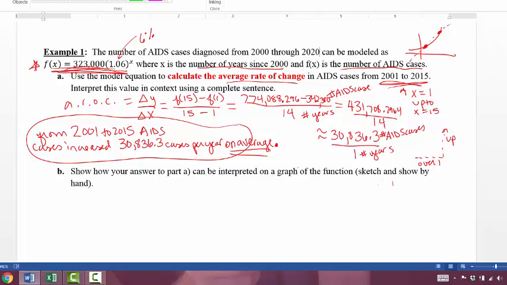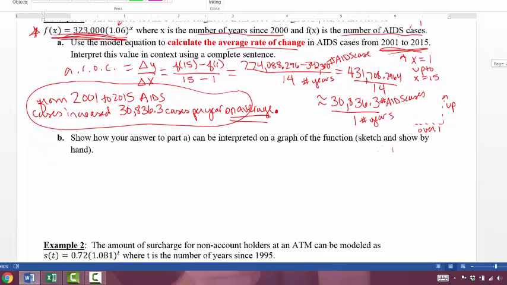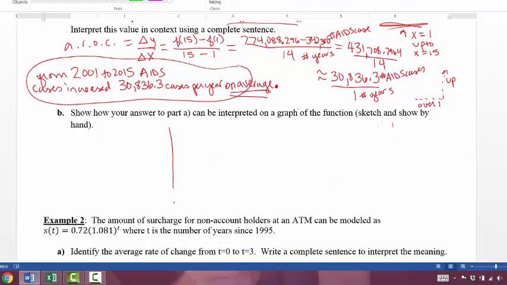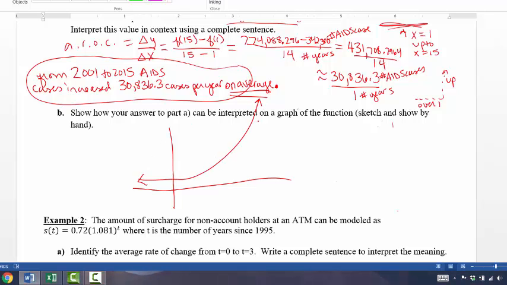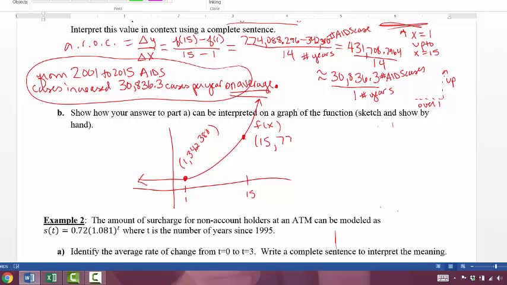So on a graph, what we were doing there to sketch out what we just calculated graphically, here is that increasing exponential function f of x. We went from year 1, when there were 342,380 cases, up to year 15, when there were approximately 774,088 cases.